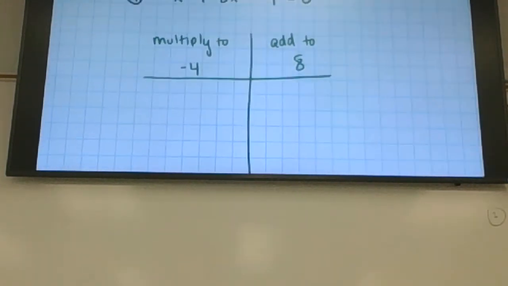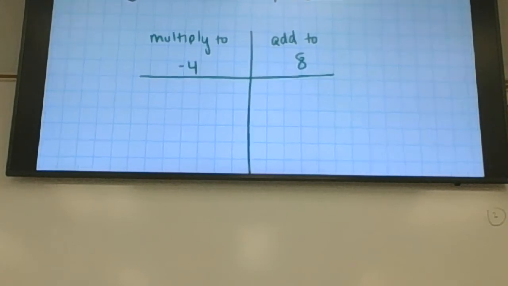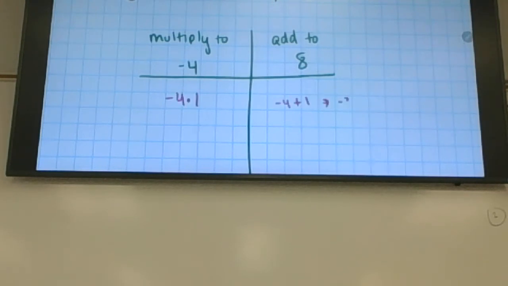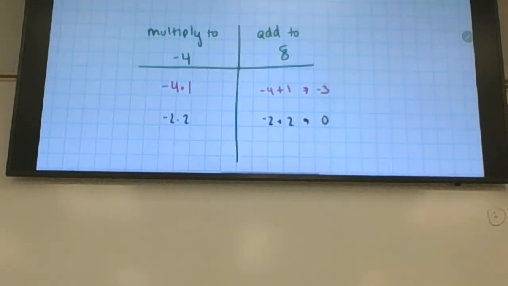Okay. So solve by factoring. What multiplies to -4 and adds to 8? I'm trying everything. Okay, not possible.